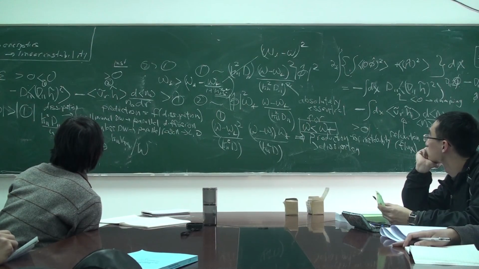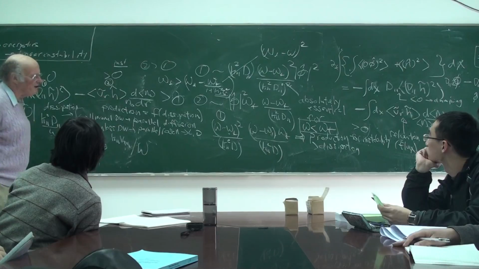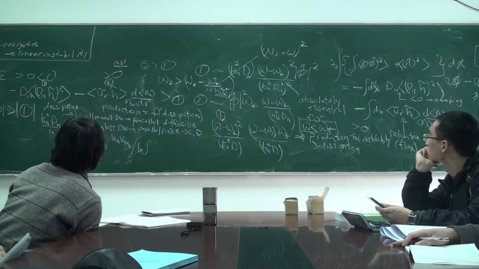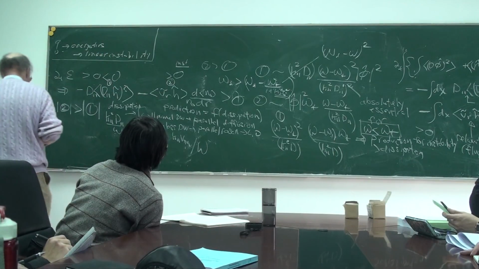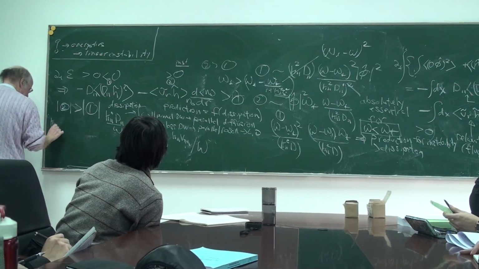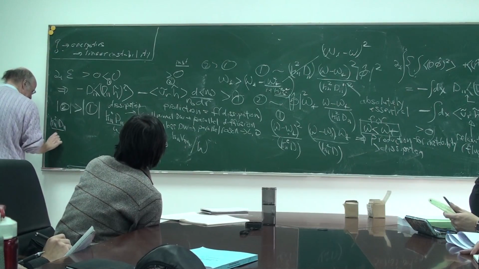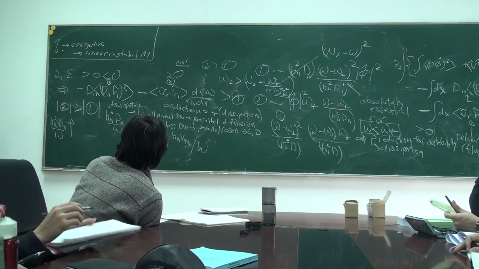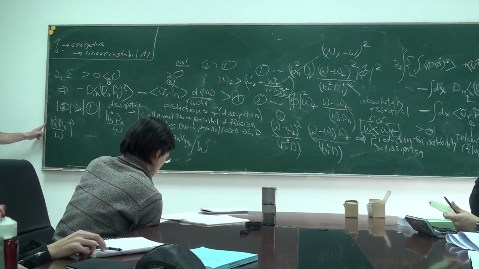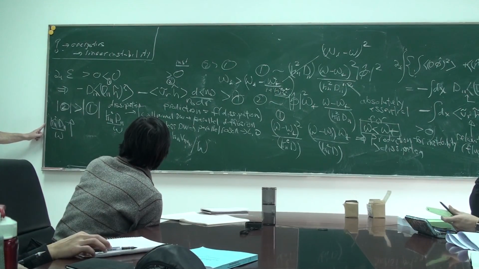Yes, you're quite right. Good question. What happens if I make k parallel squared D parallel over omega go up? What's the limit as this goes to infinity? It's a good question.